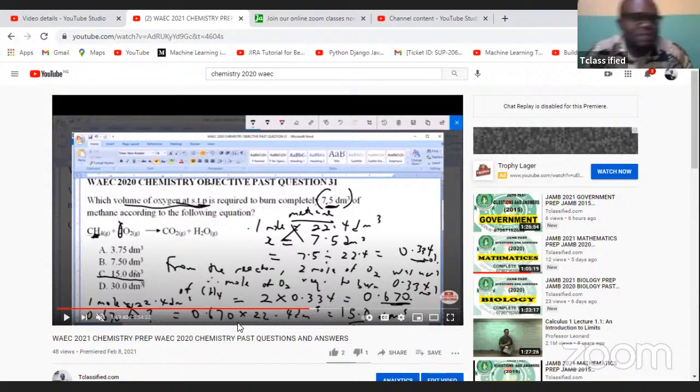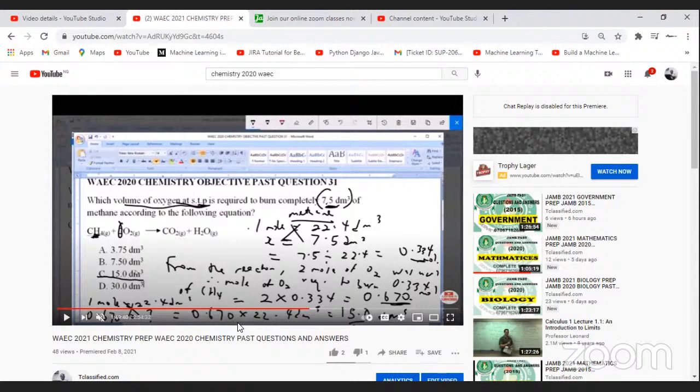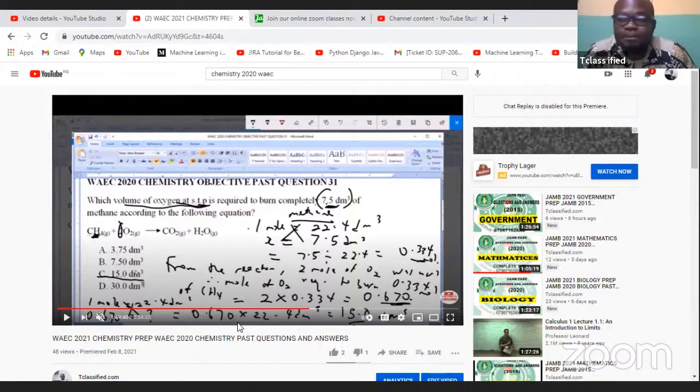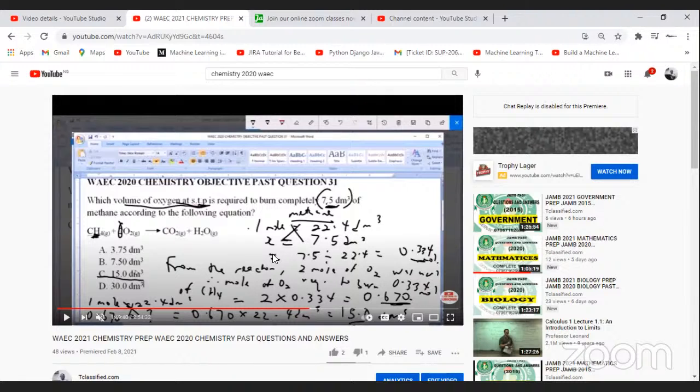But the method you used, you get 15. I think I prefer your own. You prefer my own? Yes, and I write it out. Let's start from here. 1 mole is supposed to contain 22.4. How many moles? I used the equation to find it.